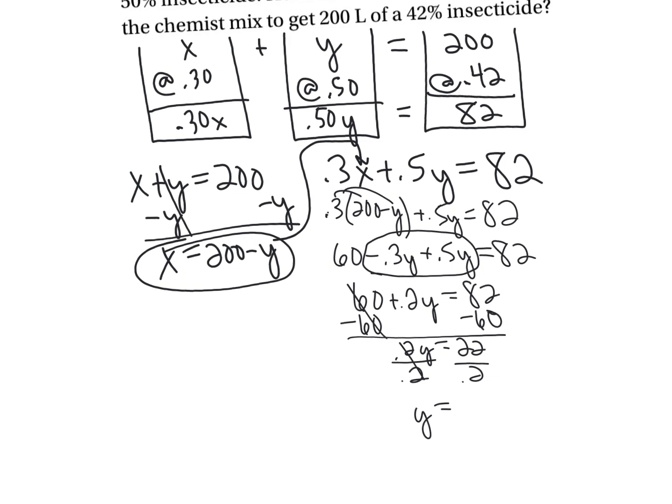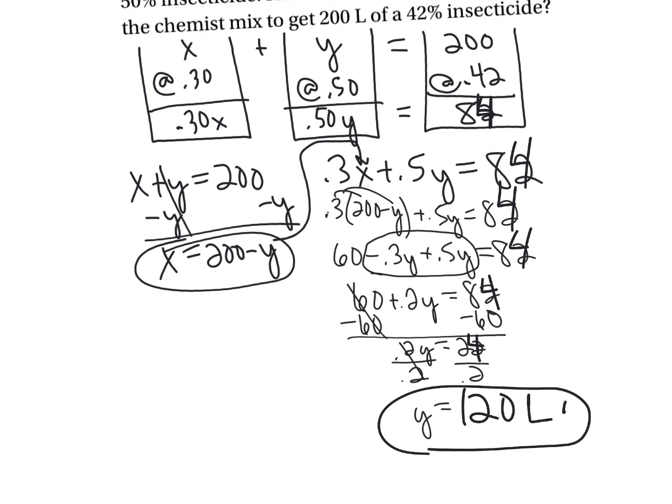I'm sorry, I made a mistake back here. This should be 84, not 82. So that'd be 120 liters of the 50%.